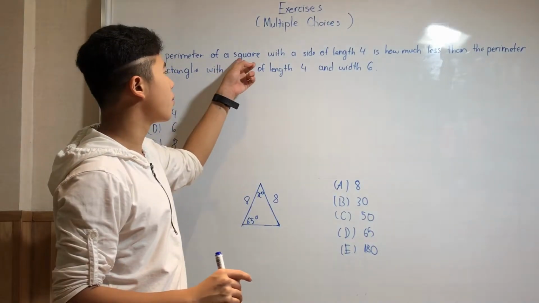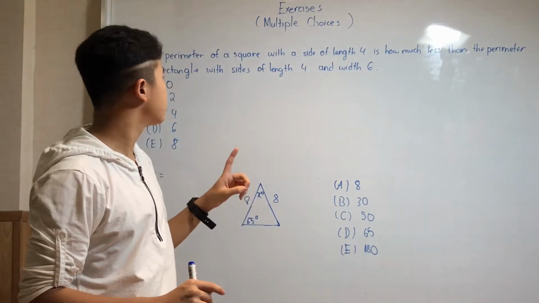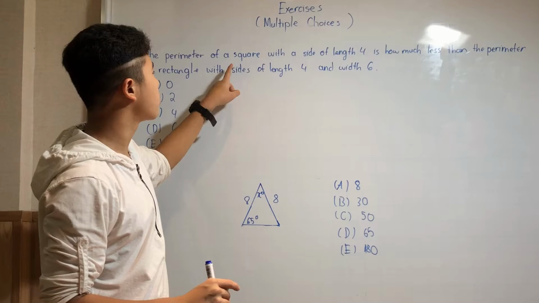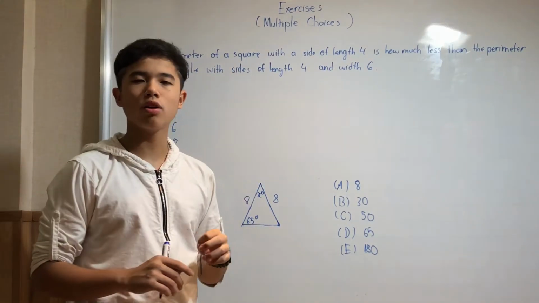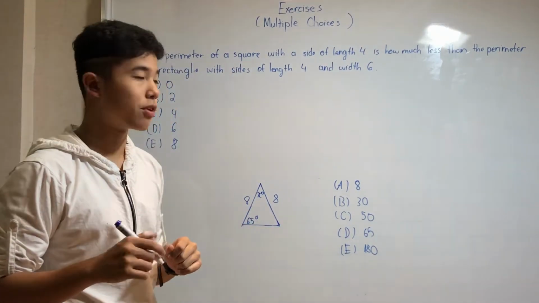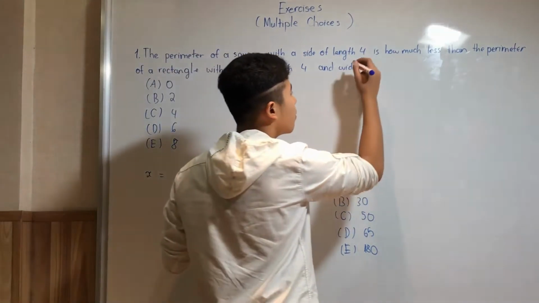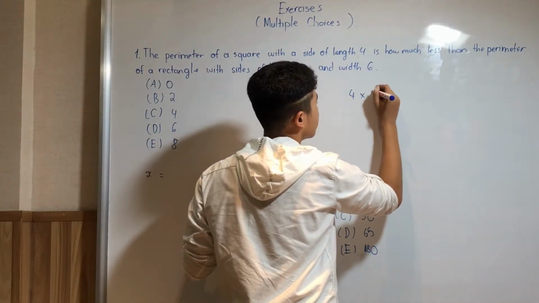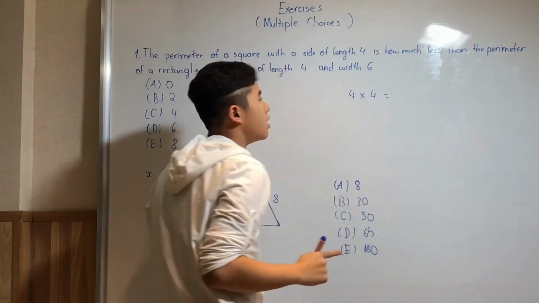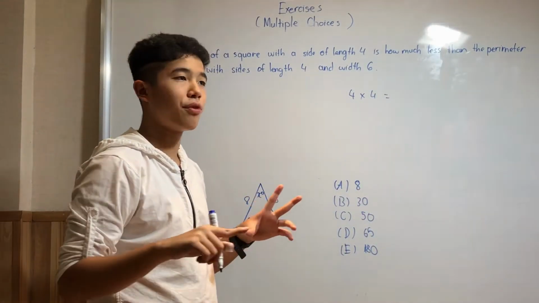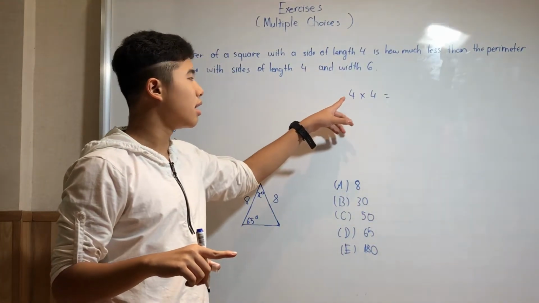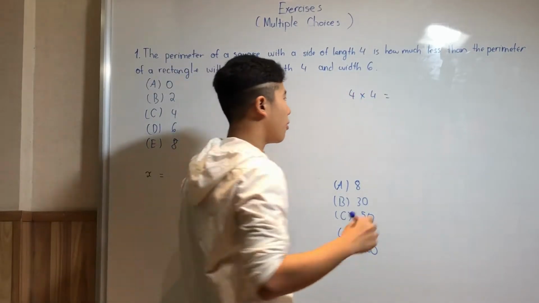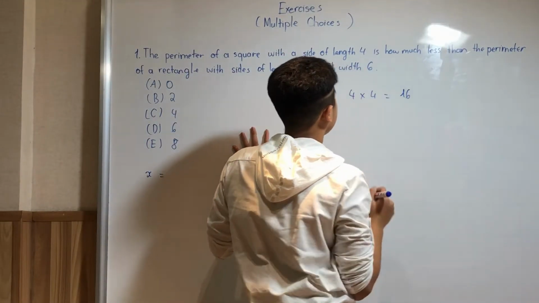If we want to find how much lesser the perimeter of the square is than the rectangle, we must find both perimeters first. For the square, we take 4 times 4. Because there are 4 sides, we take the length of one side times 4. That is 16.